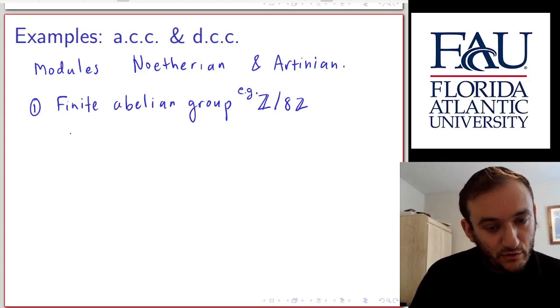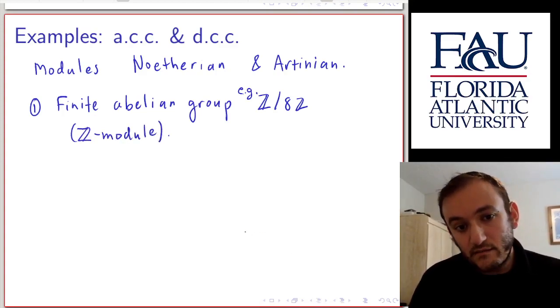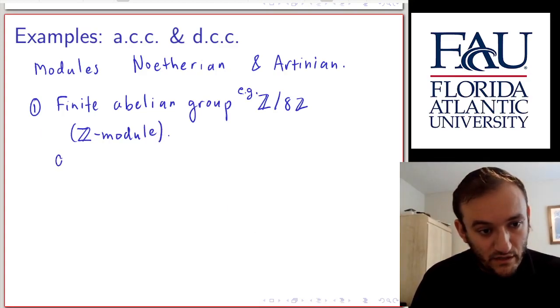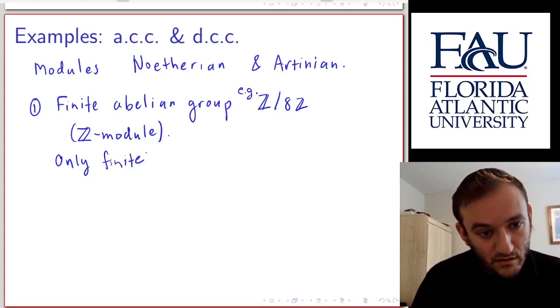Any finite abelian group is a Z module. Since they're finite, they only have finitely many submodules, so the chain conditions are easily satisfied, as well as the equivalent minimal and maximal conditions.